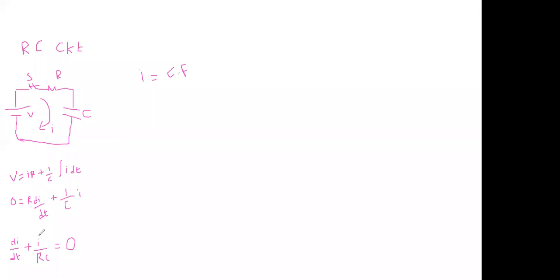For the form di by dt plus I by RC equals 0, the complementary function equals C into e power minus pt, where p is 1 by RC.